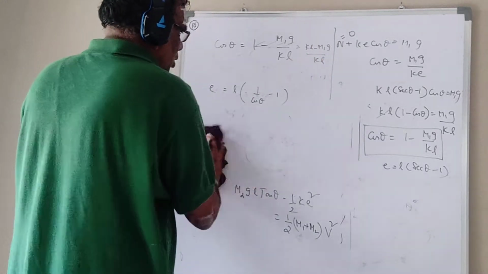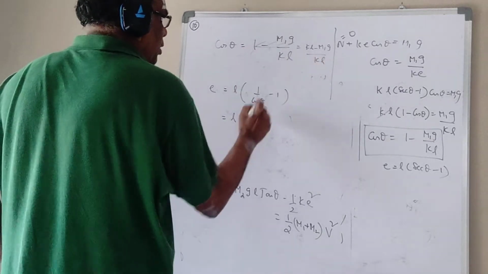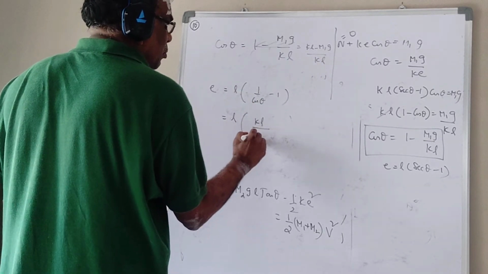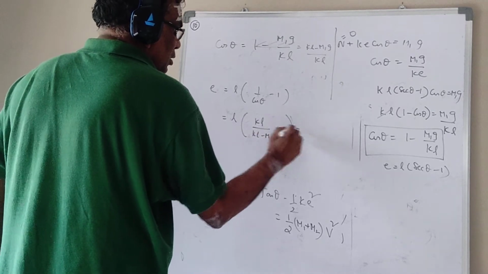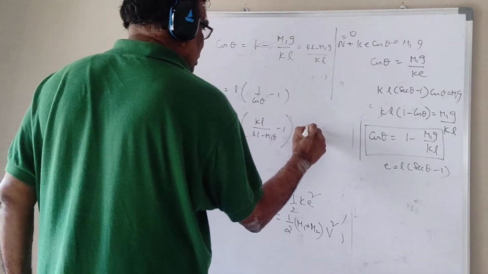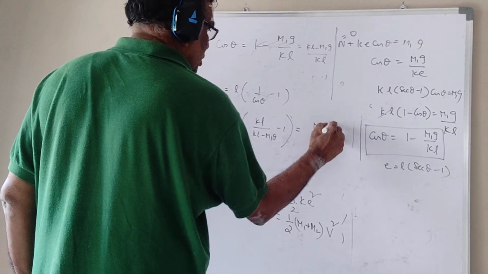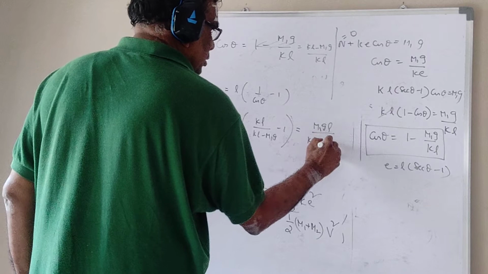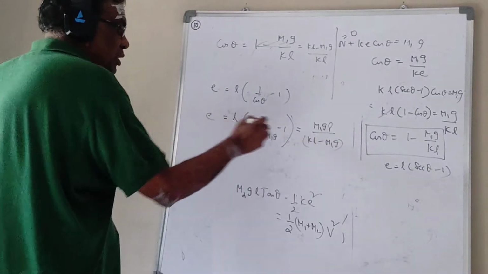L into 1 by cos theta, kL by kL minus m1g. So if I take, kL gets cancelled, minus minus plus m1gL by, right? This is your E.